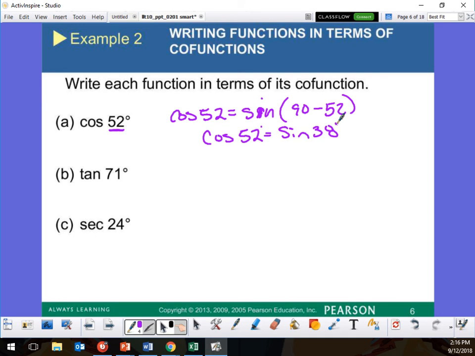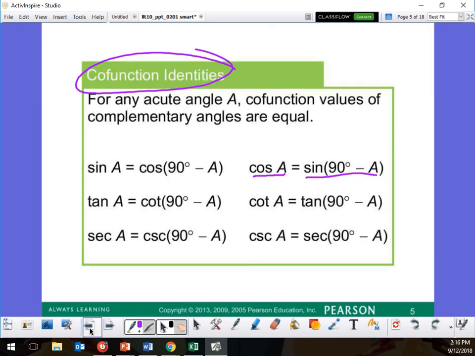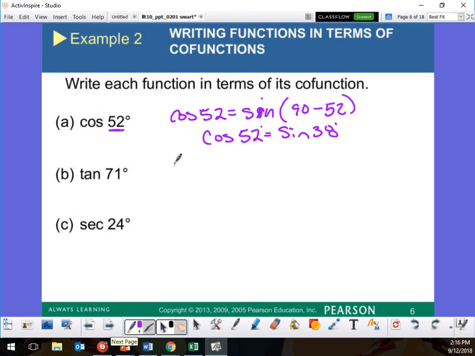Okay. What about tangent? What does tangent go with? Cotangent, right? Right here, tangent. Okay. So this is going to be tangent of 71 is equal to the cotangent of 90 minus 71.